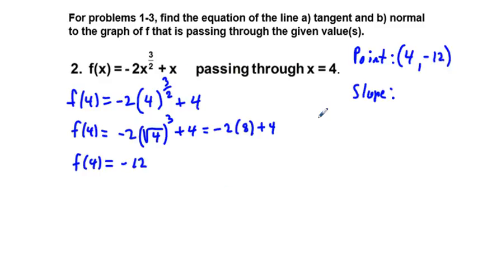Now, we're going to have to find f prime of x to find our slope. And to do that, with the room we have, I'm going to write this in purple. f prime of x is equal to, we take this 3/2, which is the power here, and we multiply that out front, times negative 2, and we're going to have x to the power of 3/2 minus 1, so it's going to be x to the 1/2.